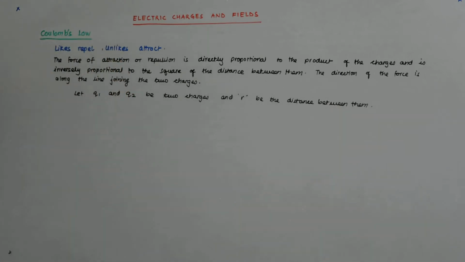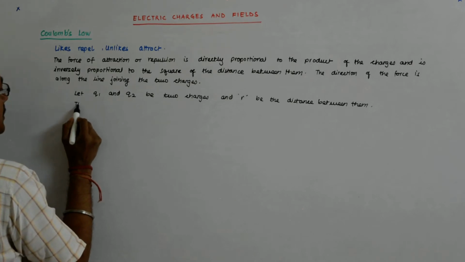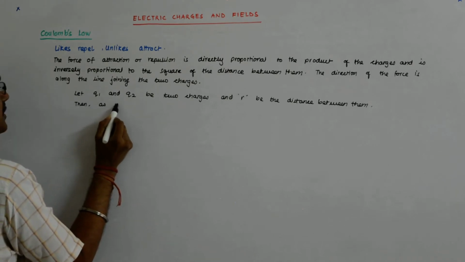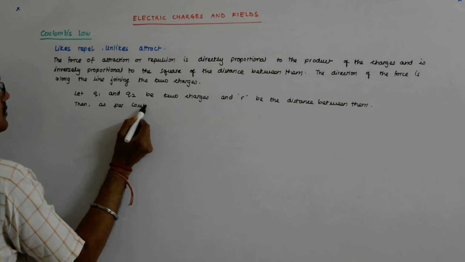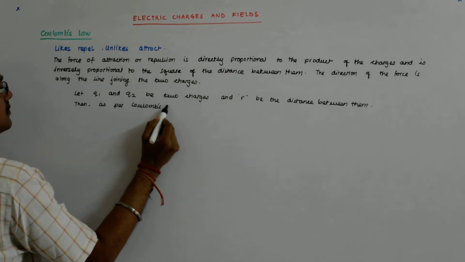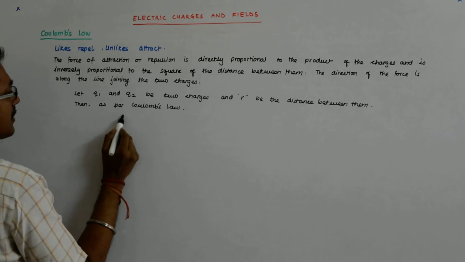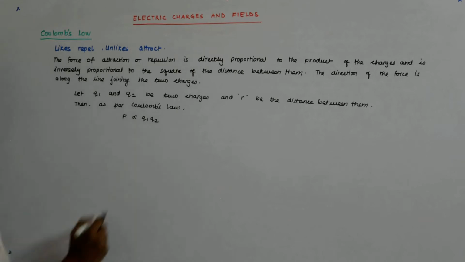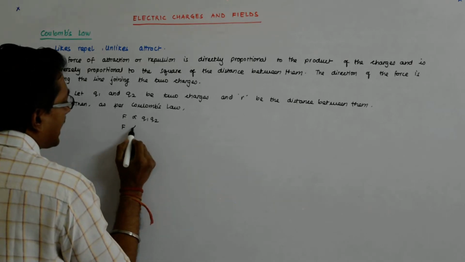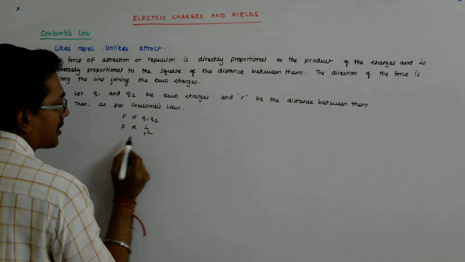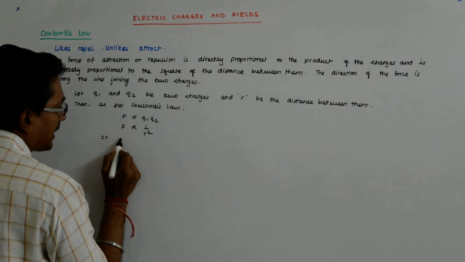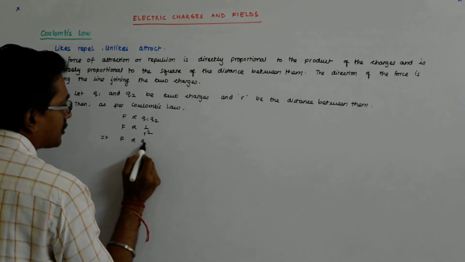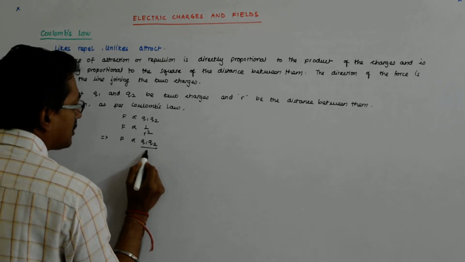Then, as per Coulomb's law, F is directly proportional to Q1 Q2, and it is inversely proportional to R square. Combining the above two, F is directly proportional to Q1 Q2 upon R square.